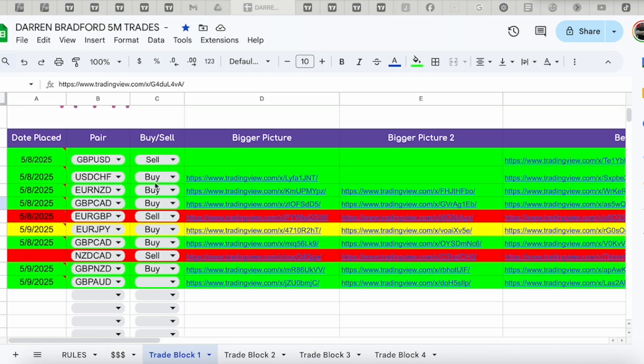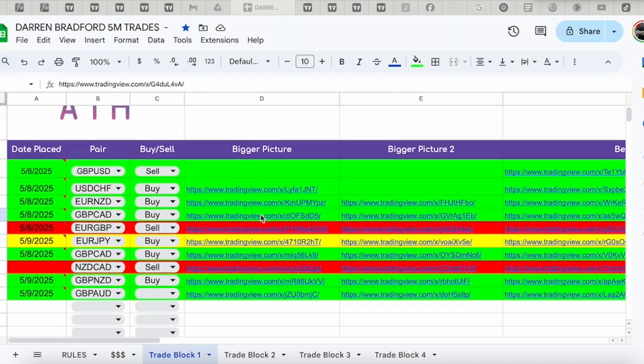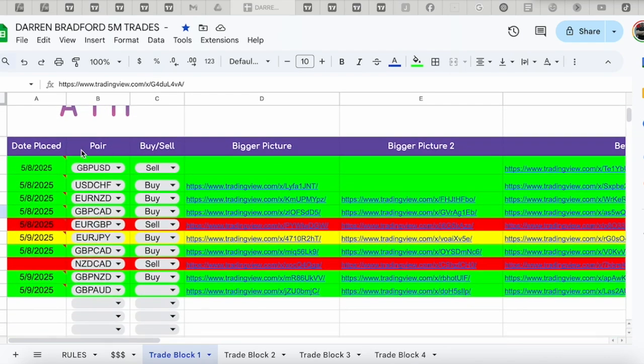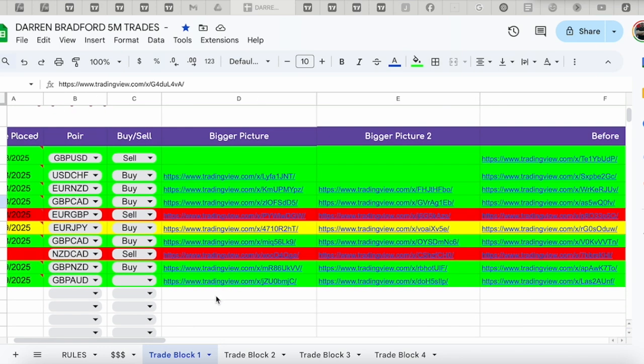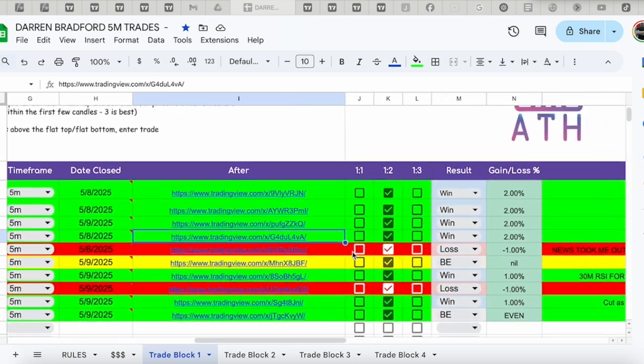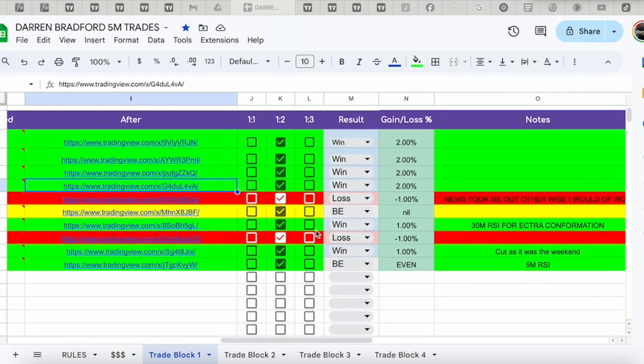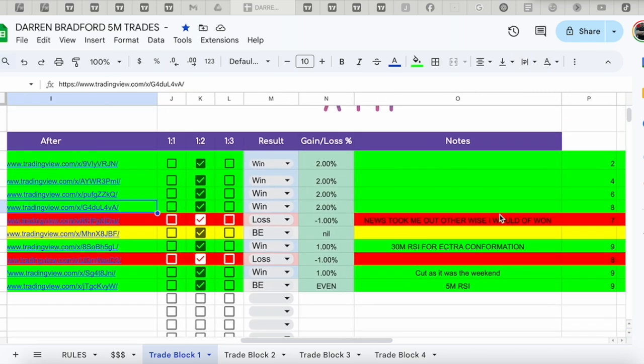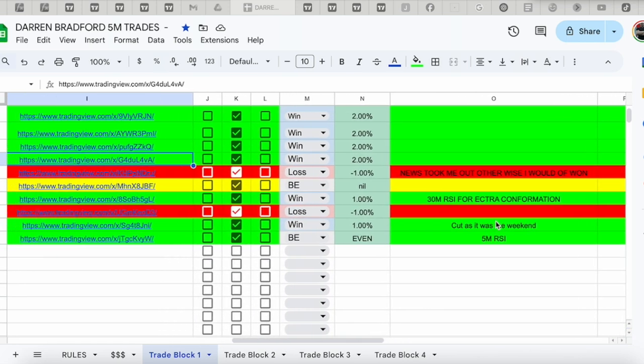So, I demoed this strategy, and I'm just going to go through some of the trades I've done here. As you can see, I had 7 wins, 2 losses, and 1 didn't go through, all at 2%. The news took me out on one of them, which I'll show you.